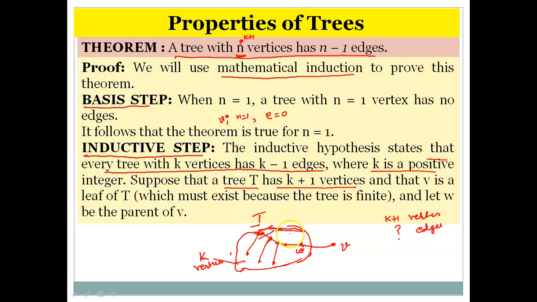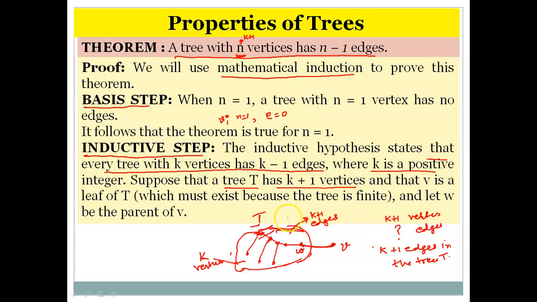So definitely in this part we have k minus 1 edges. But in the tree T, apart from these edges, we have one extra edge, WV.